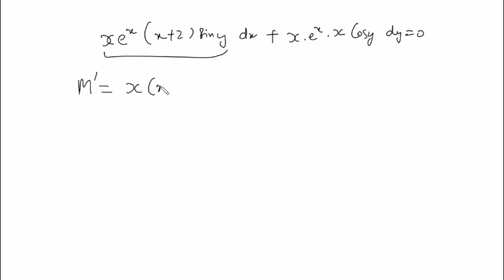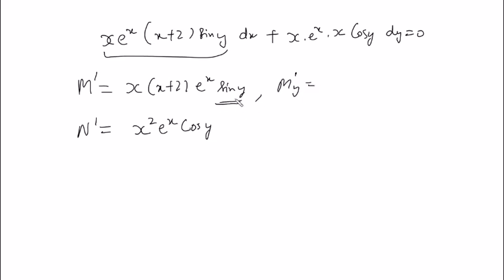This is x into x plus 2 e raised to power x sin y, and your new n is x square e raised to power x cos y. So quickly, m dash y with respect to y you need to do, right? So it's just cos y. So it's x into x plus 2 e raised to power x cos y.